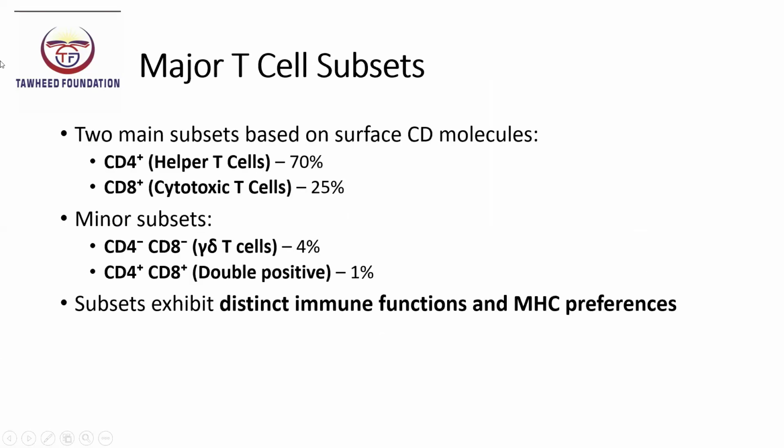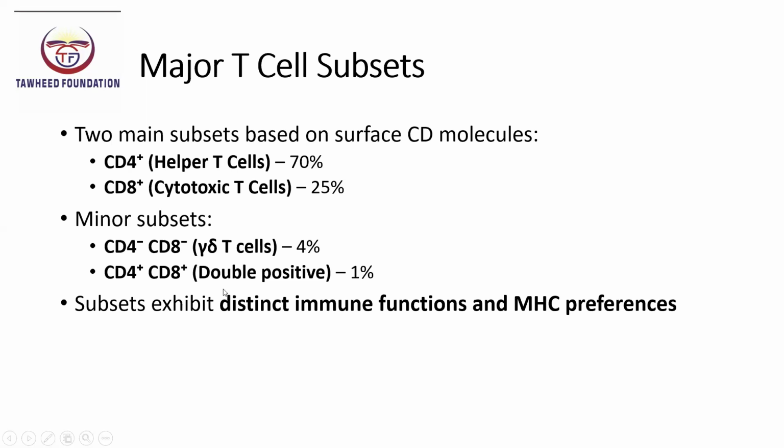Next is major T subsets. T cells are categorized based on surface CD markers. CD4 plus helper T cells constitute approximately 70% of circulating T cells and regulate immune responses. CD8 plus cytotoxic T cells comprise about 25% and mediate killing of infected or abnormal cells.